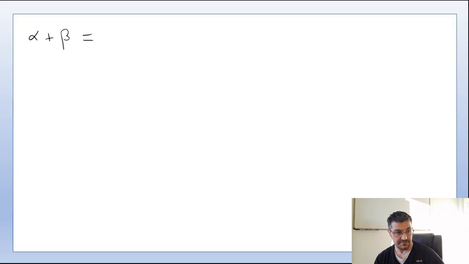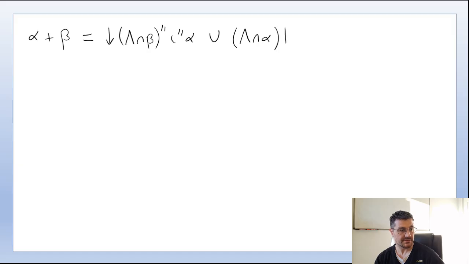This is defined to be down arrow lambda, the logical product of lambda and beta, double primed iota, double primed alpha, logical sum lambda alpha down arrow double primed iota double primed beta. Okay, so this is the arithmetical class sum.